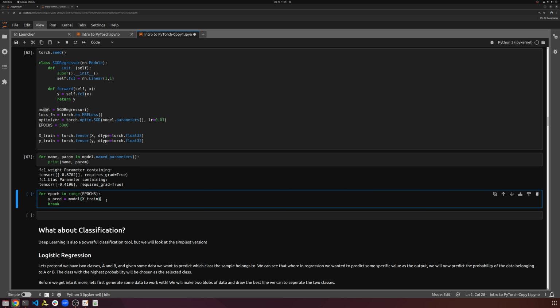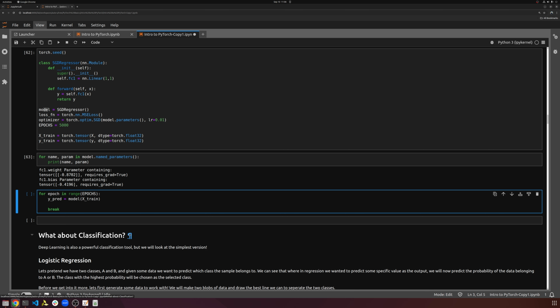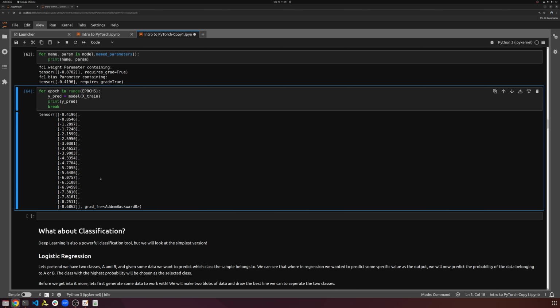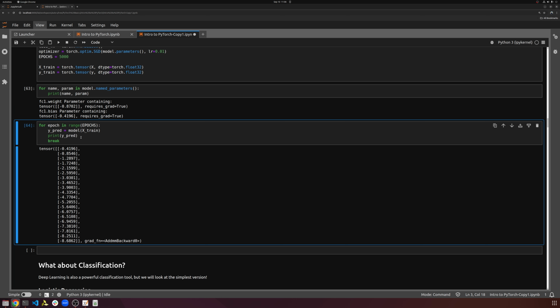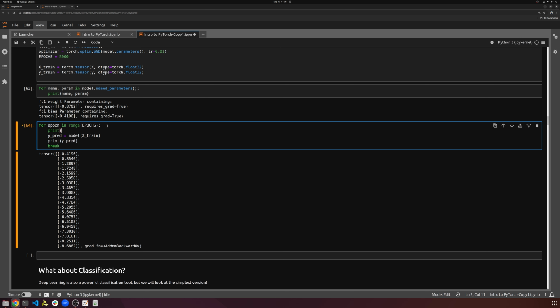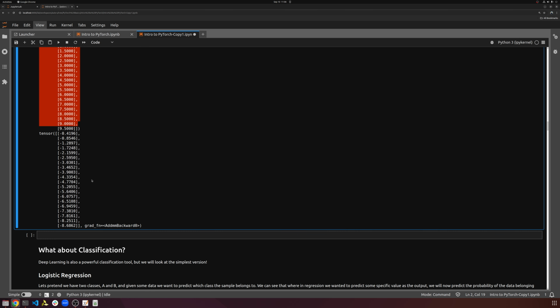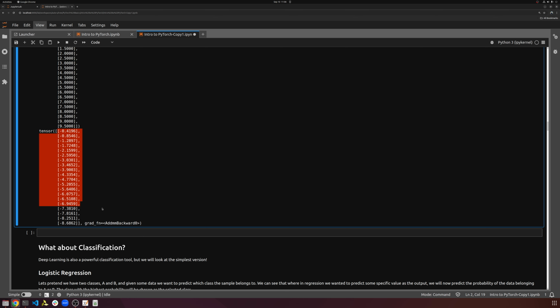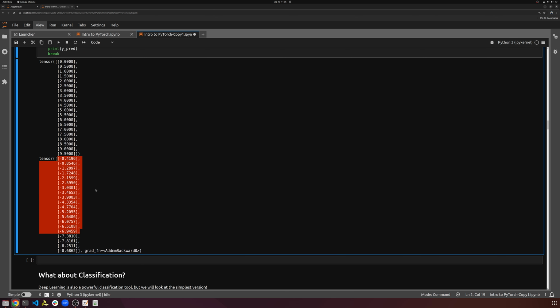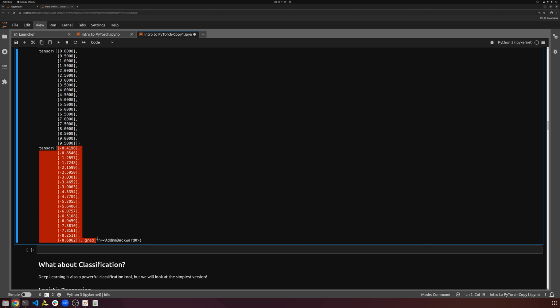It doesn't matter so much, but this is the idea. So we have y_pred. Let's print it out. For each of my x values, 0 through this, we've predicted this. This is my predicted y.